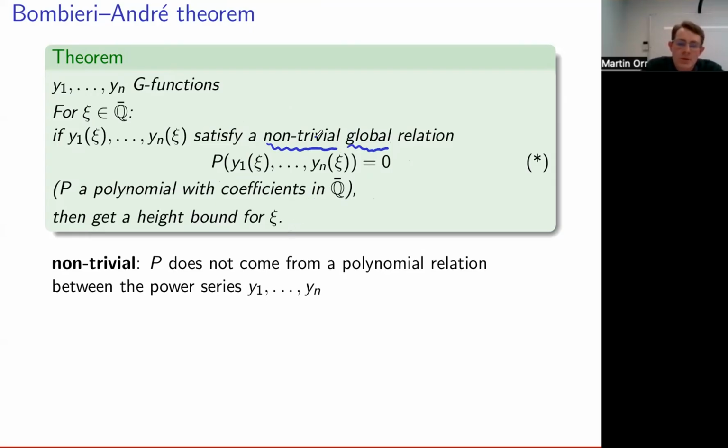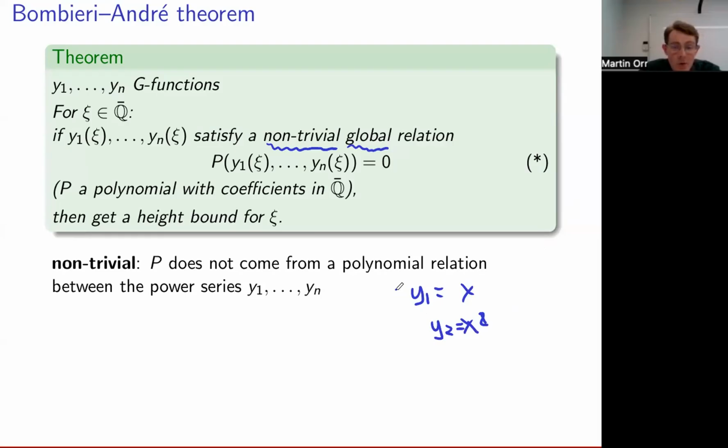So what do the words non-trivial and global mean here? Non-trivial means that this P does not come from a polynomial relation between the power series themselves. So if I gave you power series like y1 equals x and y2 equals x squared, that's a pair of power series, and you won't be surprised to find a polynomial relation between their values at any point, because there's a polynomial relation between the power series that we started with.